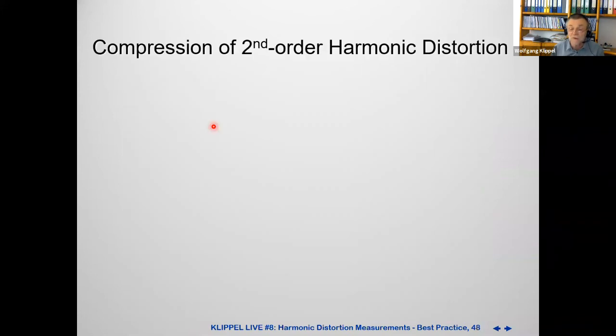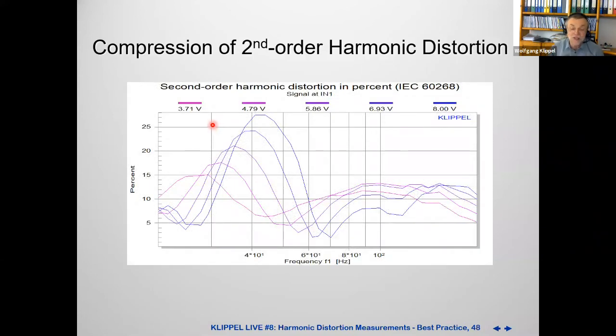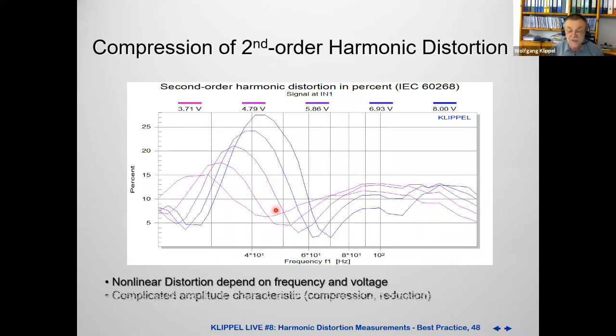But what about second order? With second order, usually you get a very fancy behavior: at certain frequencies, you really see that the distortions are rising with amplitude, but at some other frequencies you get less distortion. How can this happen? Very simple. The loudspeaker generates with the second order distortion, especially if you have a lot of them, a DC component, and that shifts the voice coil to a certain position. And depending on the excitation frequency, you will increase the distortion with the DC.